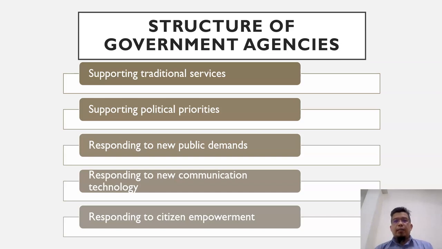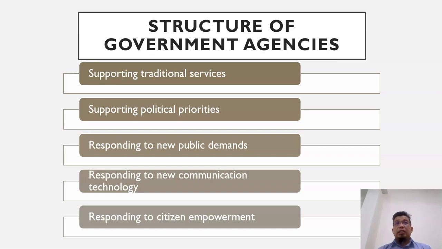Responding to new communication technology, because communication technology makes the government's provision of services more efficient. Responding to citizen empowerment is very critical, because with citizen empowerment, people can change things. Their demands need to be heard, otherwise they can change the government.